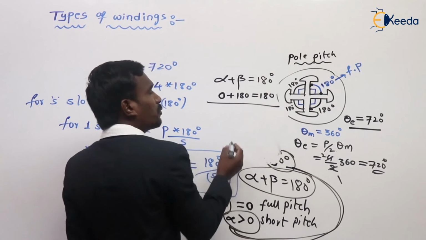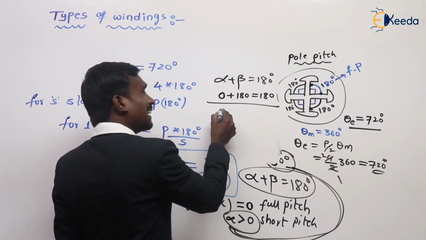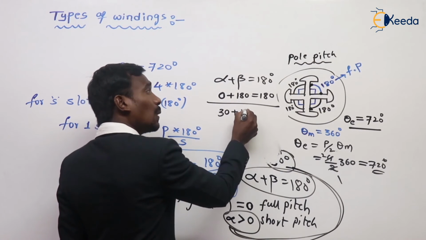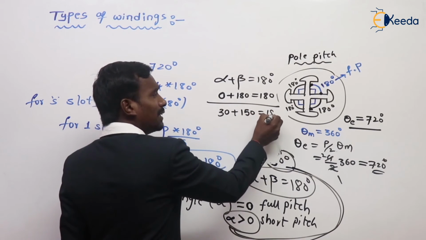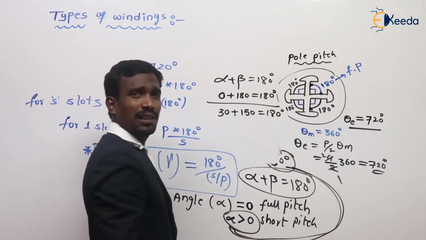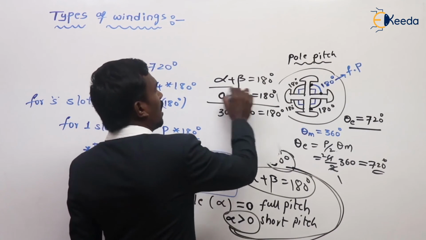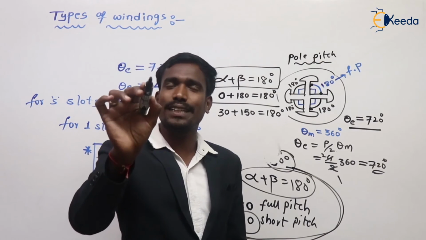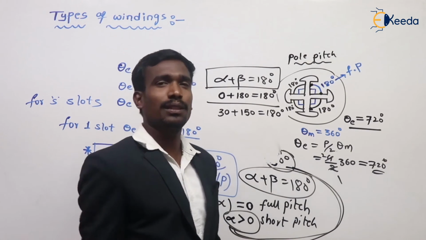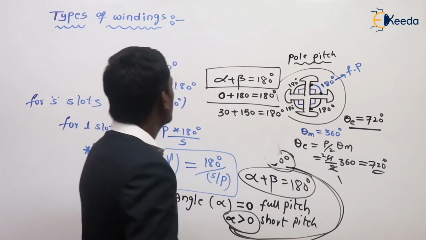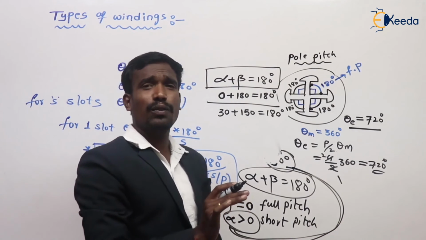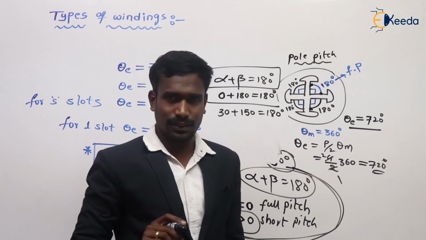But for short pitch winding, alpha is greater than 0 and beta is less than 180, finally 180 degrees. These are the terms before we learn windings.